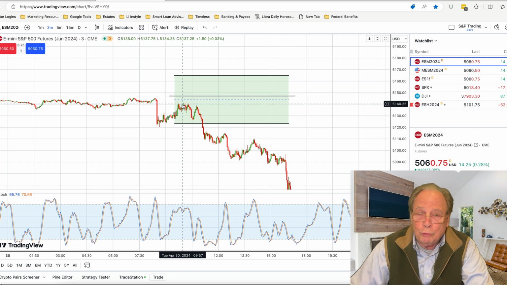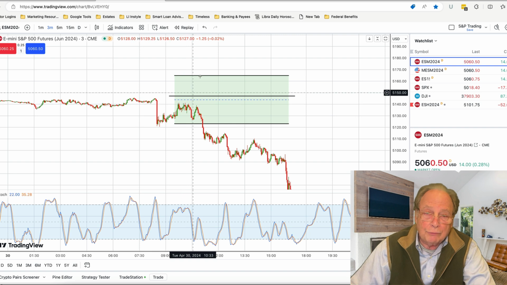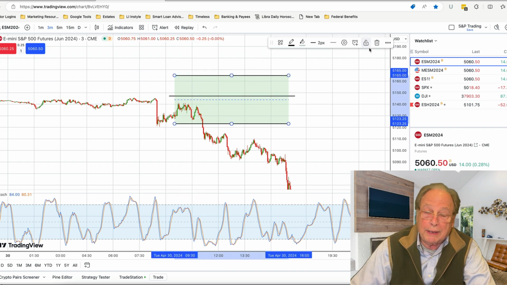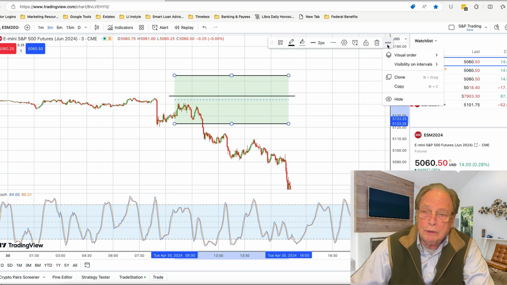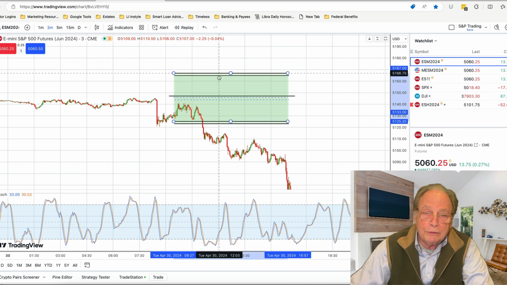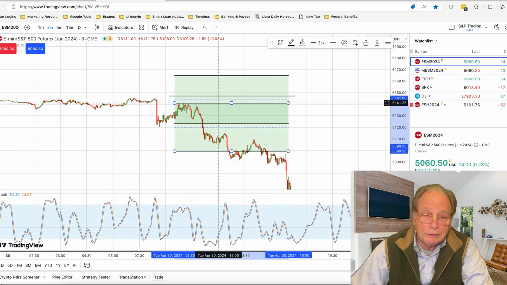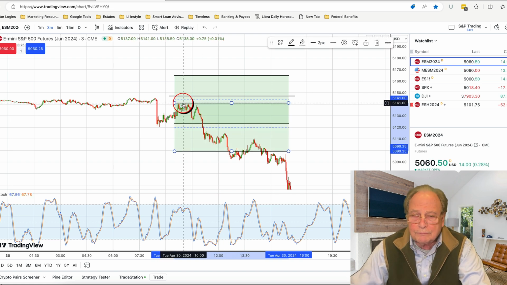What we do is make a clone, a copy of the trading zone. I'm using the TradingView chart, and we do this by making a clone and moving it to the intraday high, transposing it. So I'm transposing it to the intraday high right about over here at 51.41.